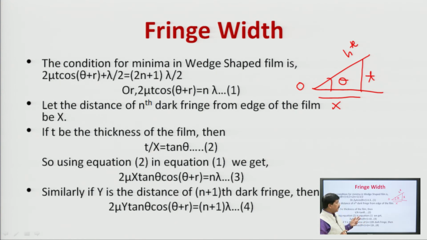So t will be equal to x tan theta. x is the distance of the nth dark fringe from the edge O.